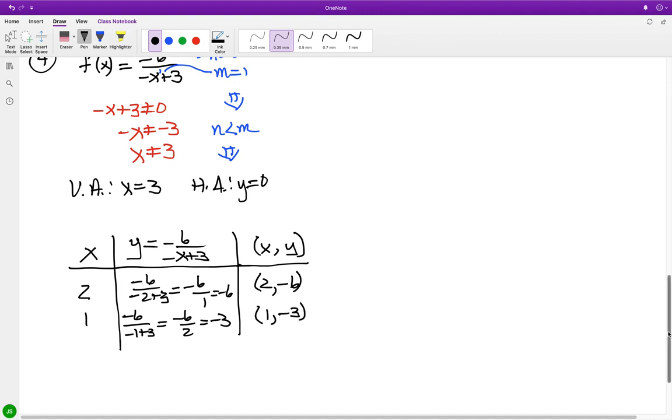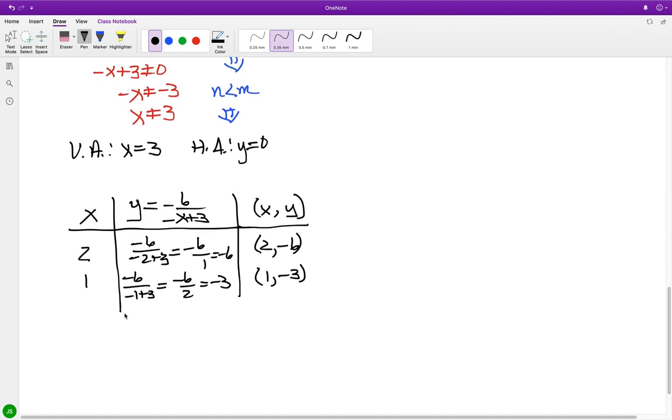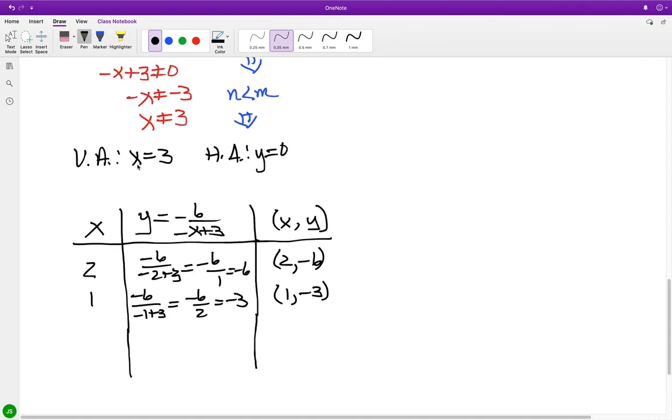Okay, and if I were to go out even further, it says to plot at least 2 points on each side of the vertical asymptote, so you have 2 points to the left, and 2 points to the right. So if I go to x equal to 4, we have negative 6 over the negative of 4 plus 3.